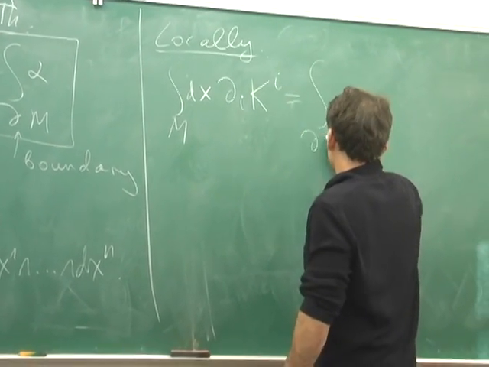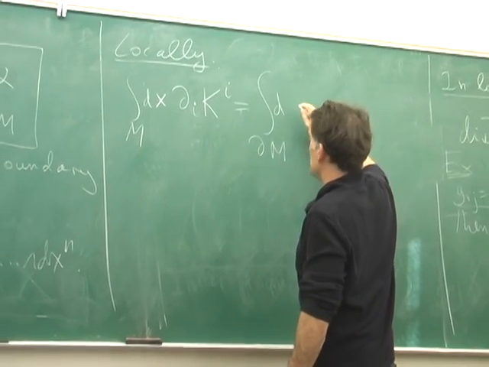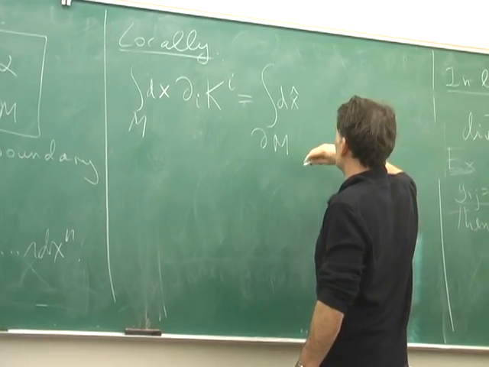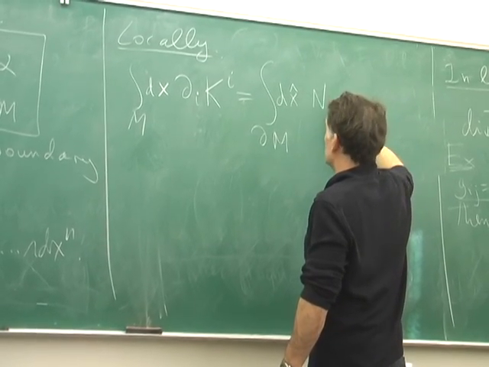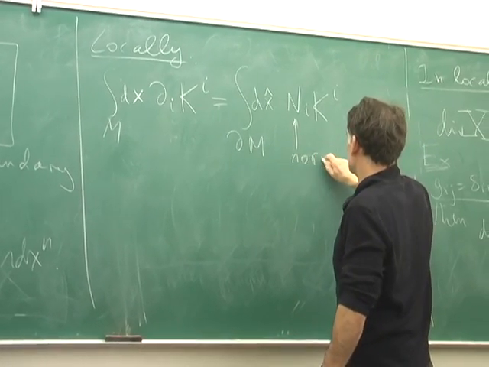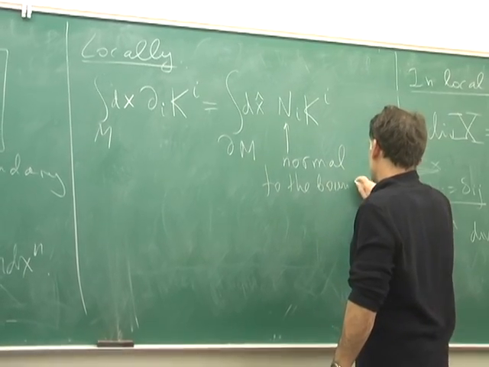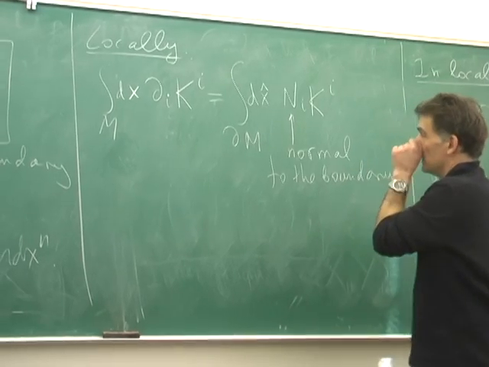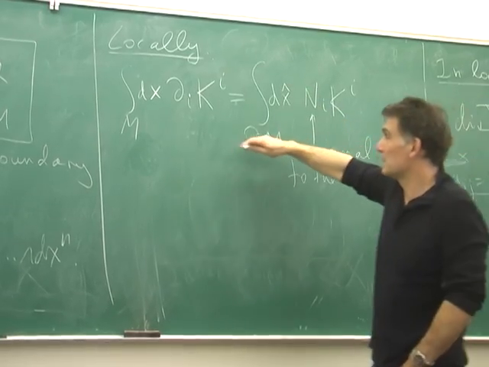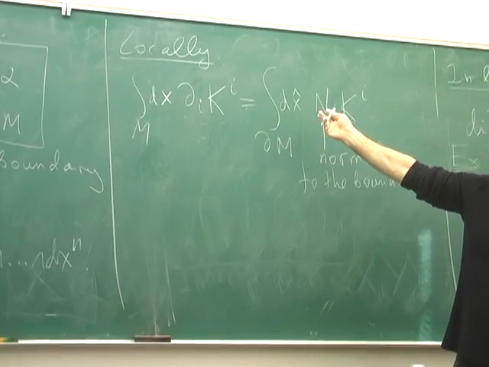So then you know that this is equal to an integral over x hat. These are coordinates on the boundary. And then a^i, that's the normal to the boundary. So this is standard, right? You've seen it before. Basically, the integral of a divergence is equal to the normal component of that vector.